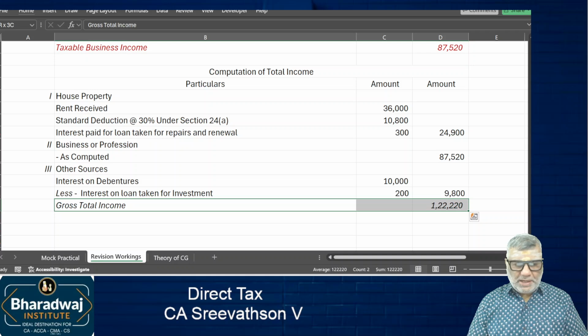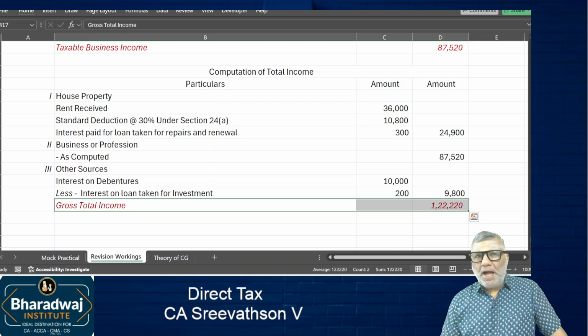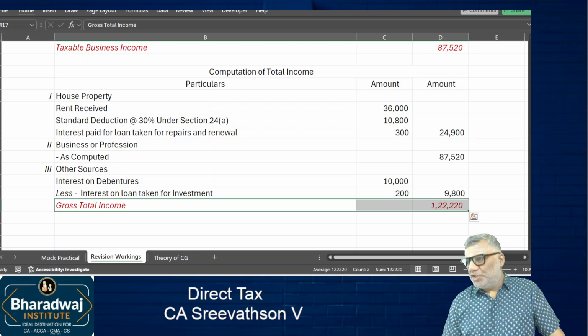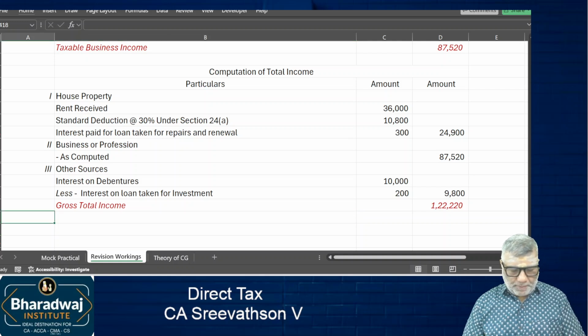Question has only asked for gross total income. If they have asked for total income, I will deduct 80C insurance premium and 80G political party donation. Okay, I'll write it as a note and keep.